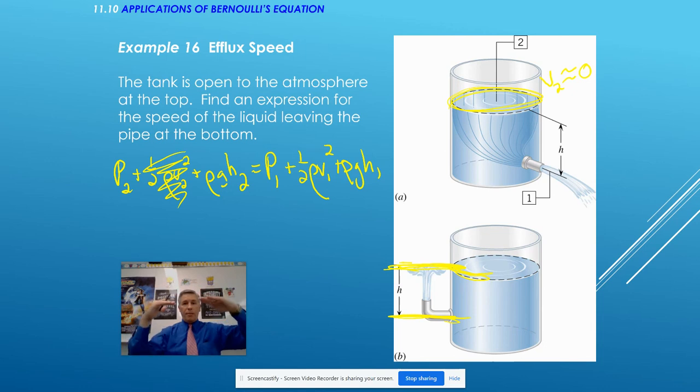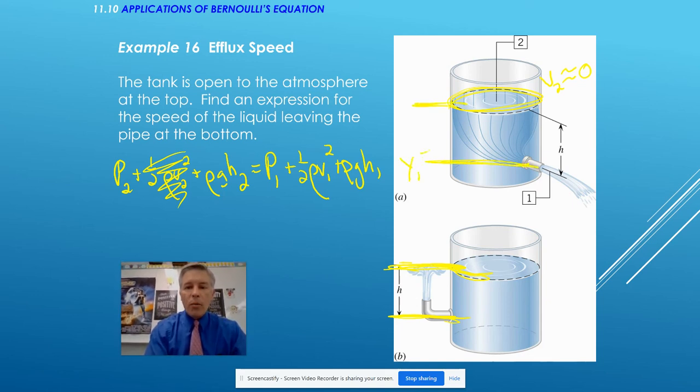That's just the way it's going to work, because it has to keep conservation of energy. If I measure some height, I can think of y1 as being 0, and it's really just y2 that's important. So I basically get rid of this h1.